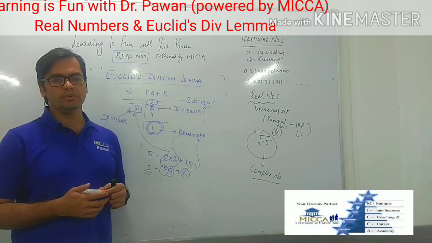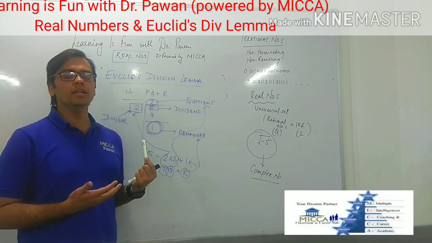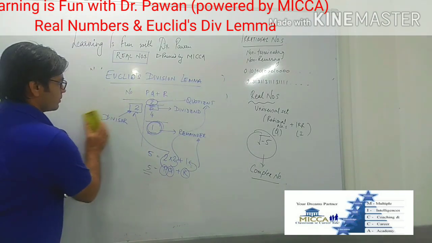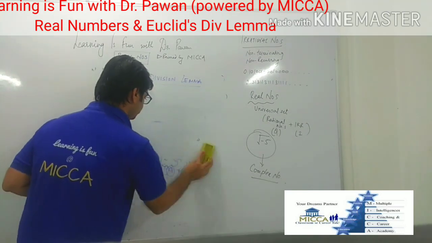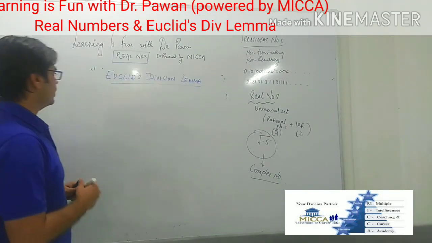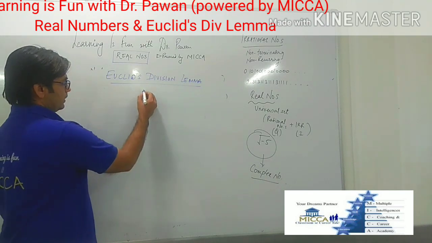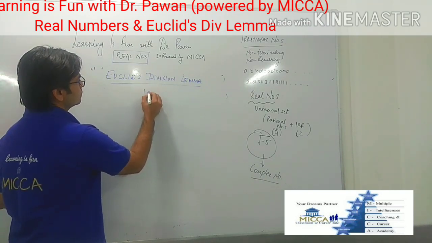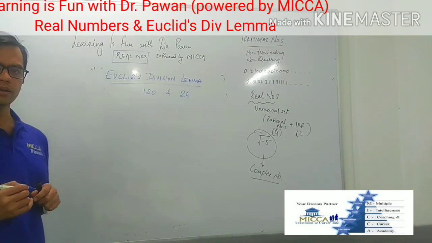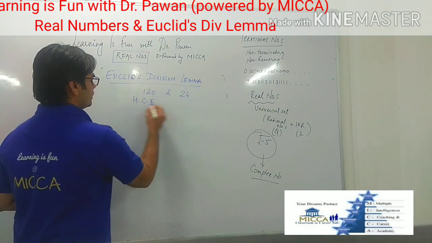Let us take an example as to how we can find HCF of two numbers using Euclid's division lemma. Let us say you have to find HCF of two numbers, 120 and 24. What is HCF?